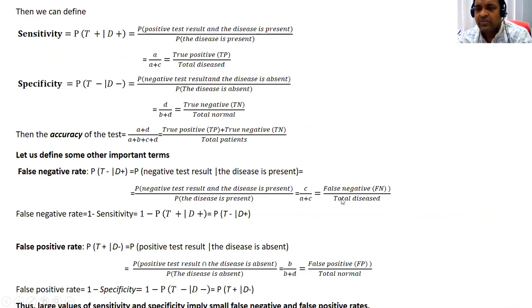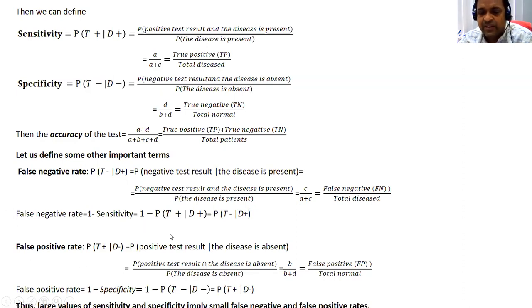This is like the sensitivity, except sensitivity is the correct answer divided by total disease. So false negative is nothing but 1 minus sensitivity. If you do 1 minus sensitivity, you will get the negative test result given the disease is truly present. Similarly, sensitivity is 1 minus the false negative rate.